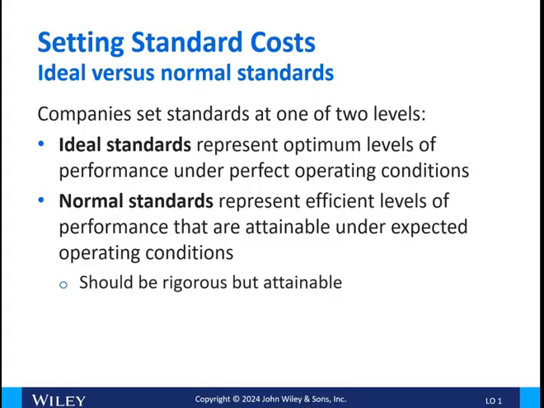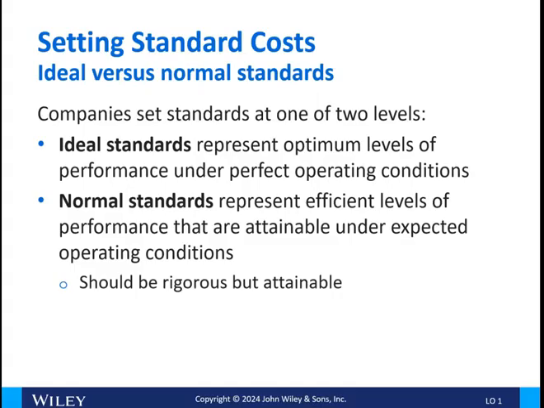It's optimal. Normal standards are really how you're going to run the business: efficient levels of performance, attainable under expected operating conditions. So you know your workforce, you know how they're going to operate. You look at history of how many parts per hour or per shift can be made.